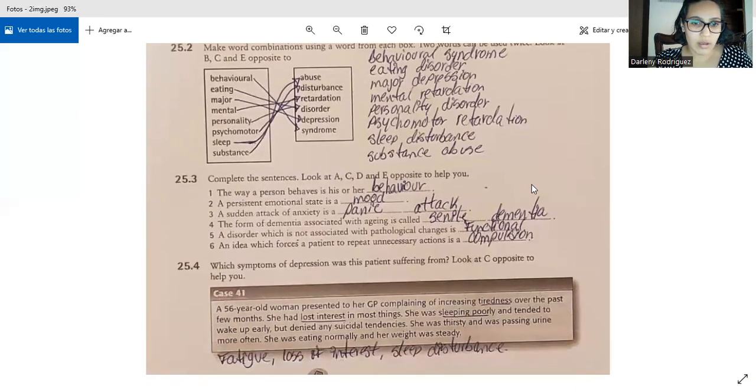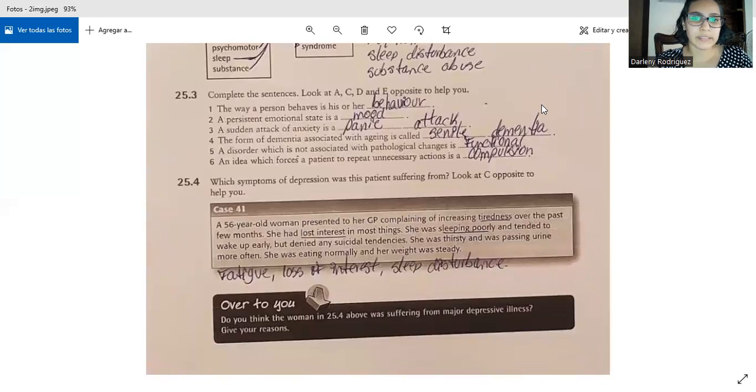Exercise 3. Complete the sentences. Look at A, C, D, and E opposite to help you. Number 1. The way a person behaves is his or her behavior. A persistent emotional state is a mood.